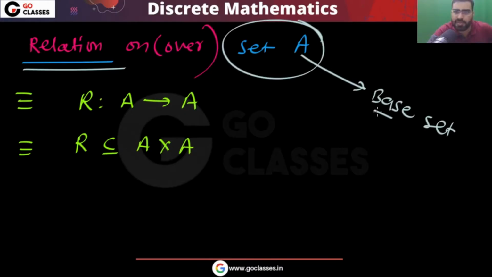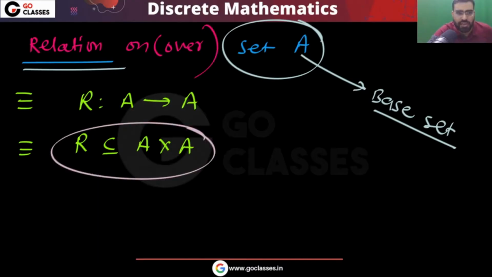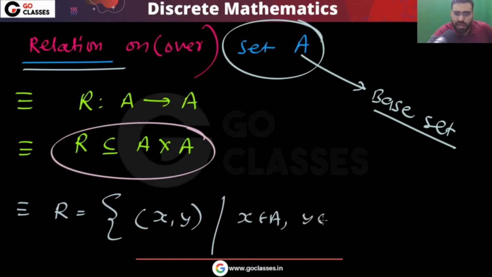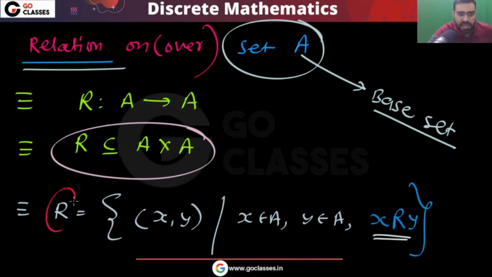I can say your relation is from set A to set A, or that it is a subset of A cross A. In this relation R you have X comma Y, where X comes from A, Y also comes from A, and there is some condition that X should be related to Y. In this relation R you will have ordered pairs where the first element comes from A and the second element comes from A, such that X is related to Y. So all these things are the same.